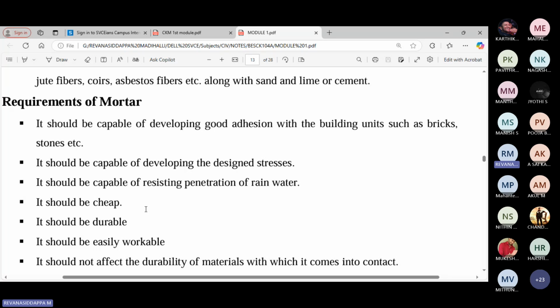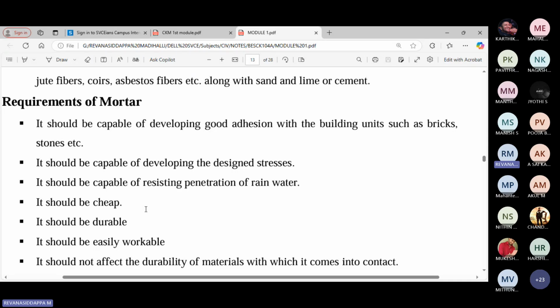When that expansion of the air voids or the pores increases to some extent, it will lead to propagation of the cracks, and it will also reduce the bonding ability of the mortar. It will also reduce the strength of the mortar.